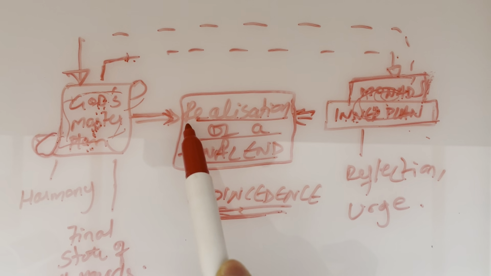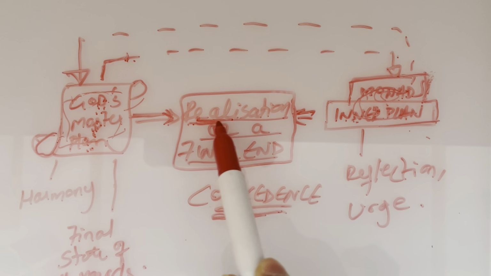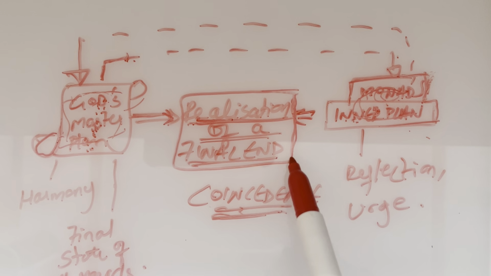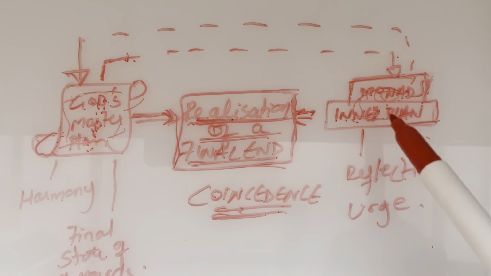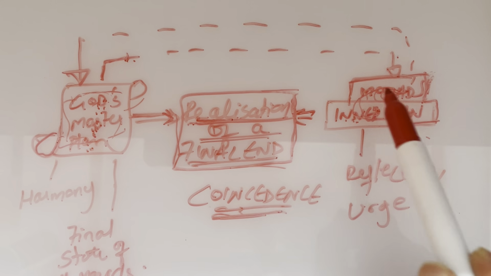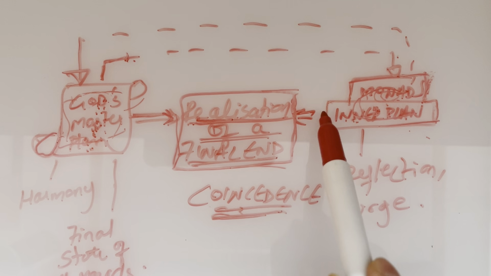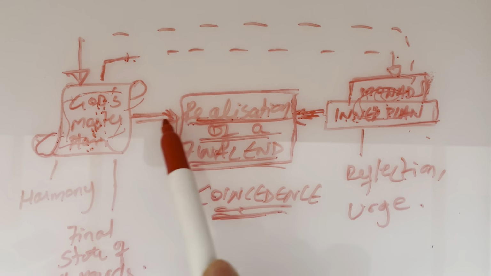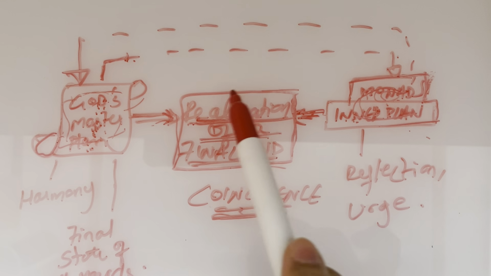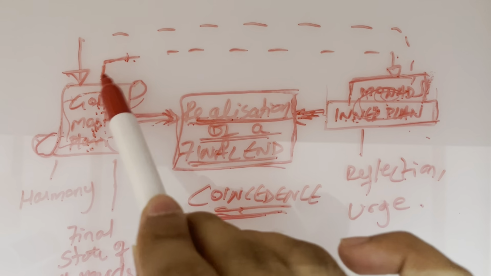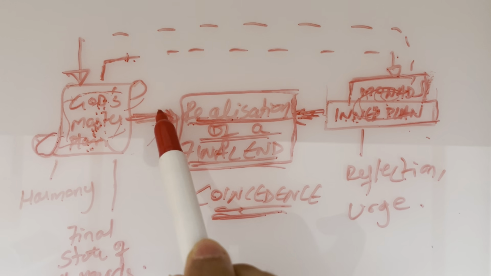So there is the ultimate goal, which is the realization of a final end in the monadology of Leibniz, and both God's master plan and the monad's inner plan gravitate to this common end. They can be considered as vectors with opposite directions.